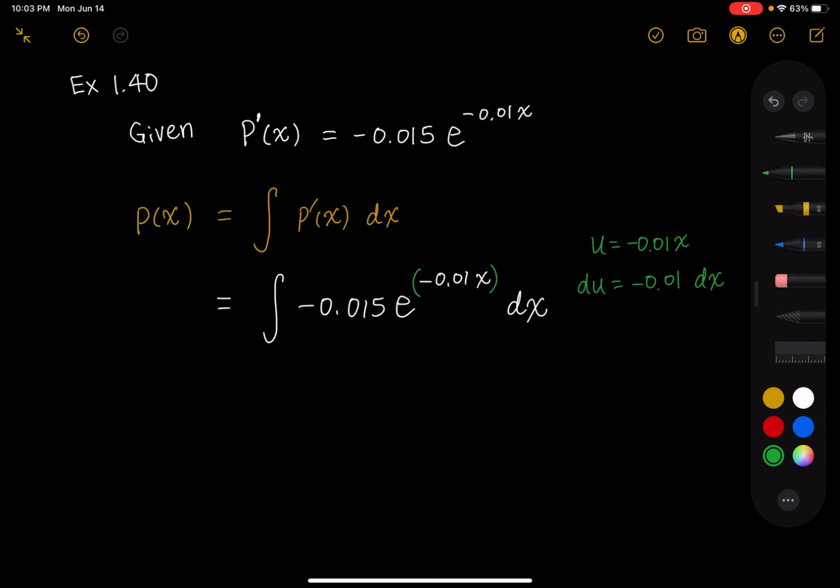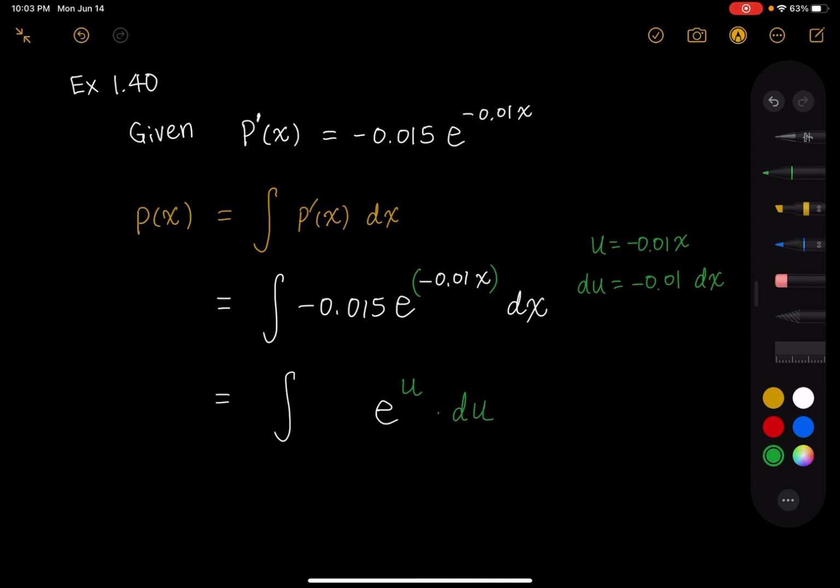Then we'll be able to substitute negative 0.01x to be u, so e to the u. Now negative 0.01 dx will be our du.